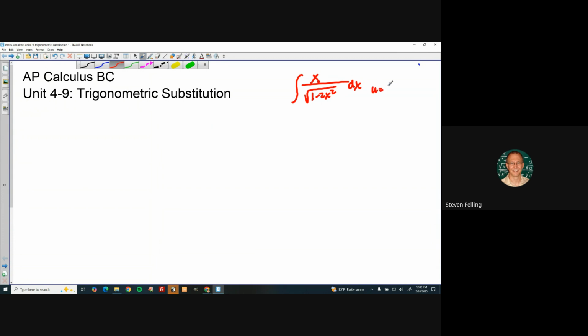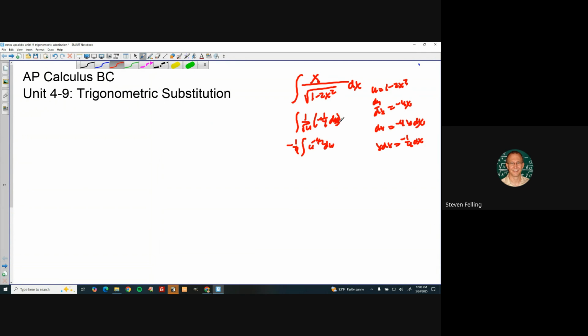If I decide to make u 1 minus 2x squared, the derivative of that would be negative 4x. du would be negative 4x dx, which means x dx would be negative 1/4 du. So I could just say, all right, this is just 1 over the square root of u, and this is negative 1/4 du. And we can bring this 1/4 outside and solve this with shortcuts, right?